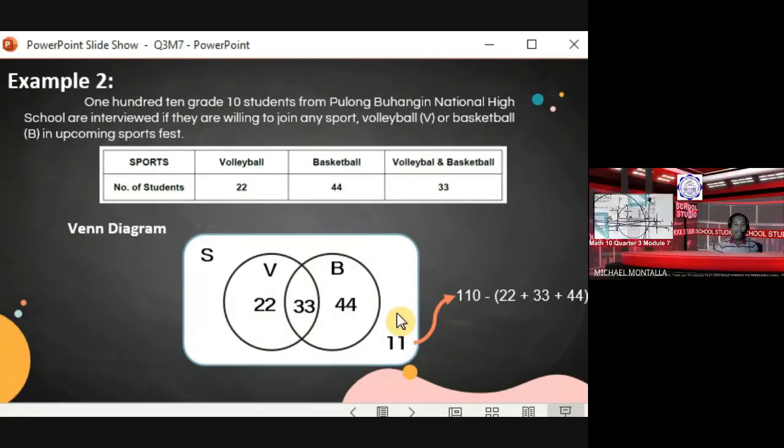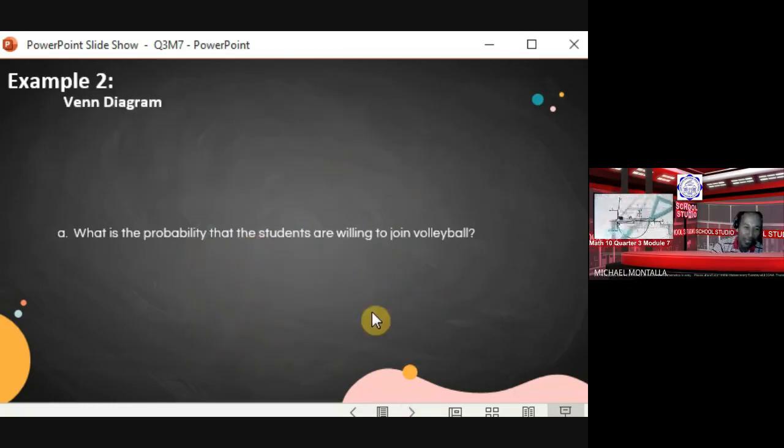Opo. Salamat. What do you mean by 11? Yung 11 na yan yung ayaw mag-join ng volleyball and basketball. Okay? Not interested sila. Baka gusto nila jumping rope or what? Or Mobile Legends or ML, okay, so, doesn't matter.